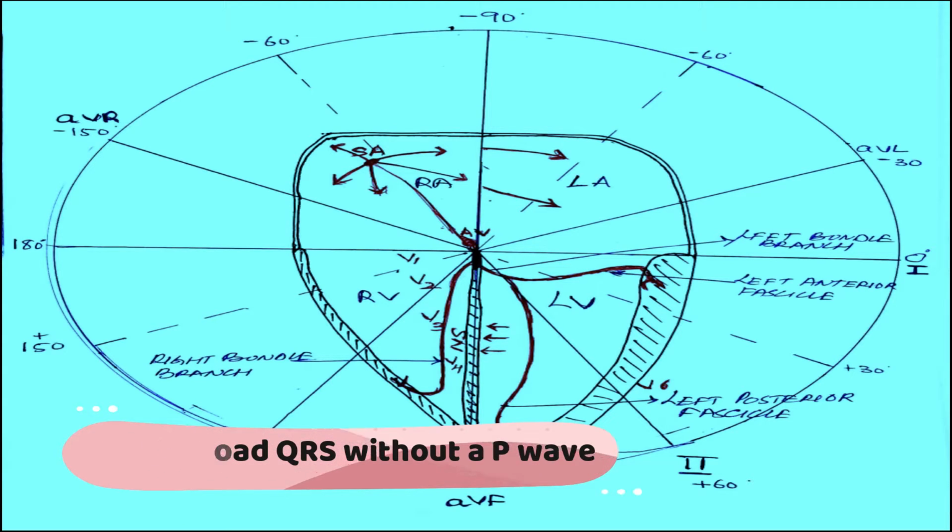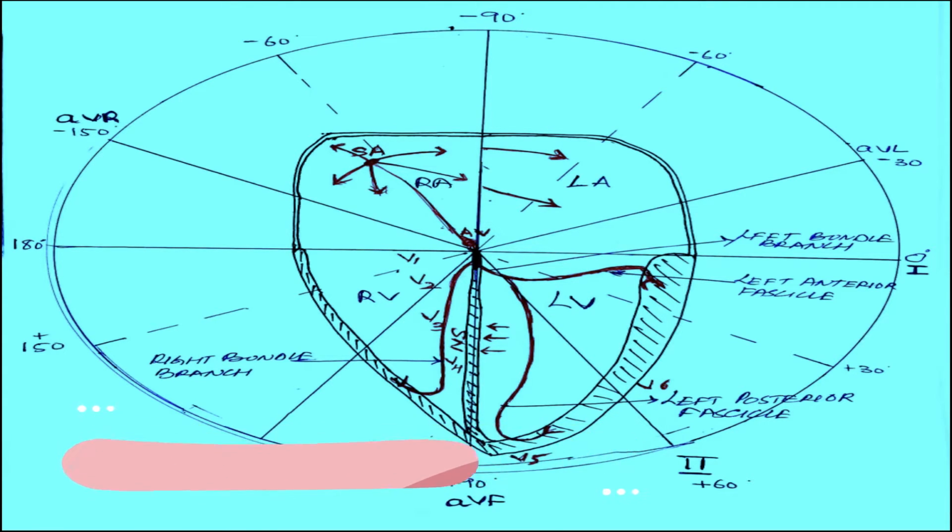Whenever the impulse travels through the normal conducting system, the QRS is of normal duration, that is less than 3 small squares, 0.12 seconds. In WPW syndrome, the QRS is sometimes broad when the impulse travels through an aberrant pathway.